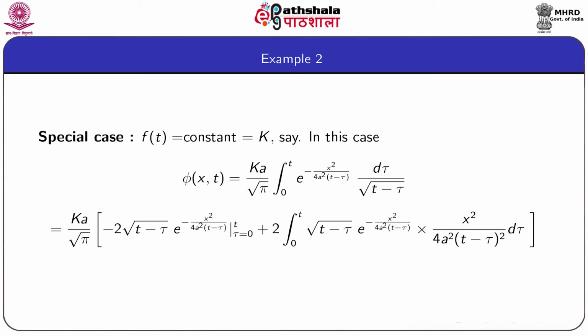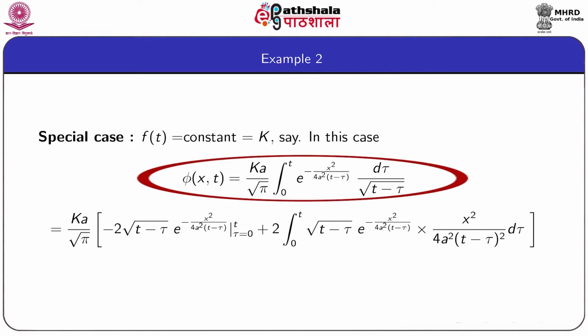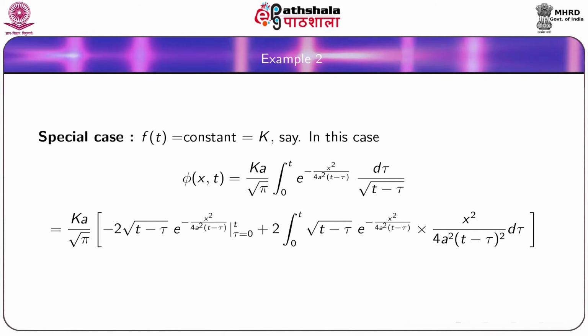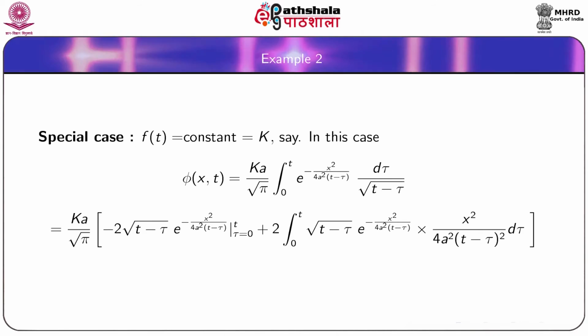Here f(t) is a constant. So in this case φ(x,t) is equal to Ka/√π integral from 0 to t e^(−x²/(4a²(t−τ))) dτ/√(t−τ).